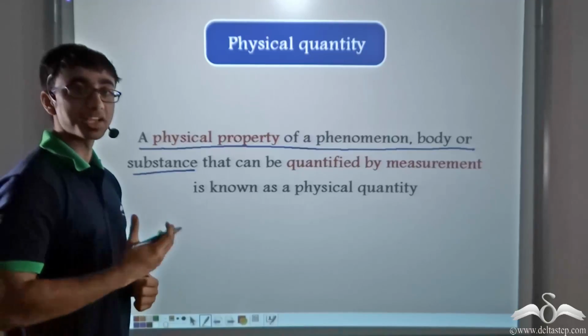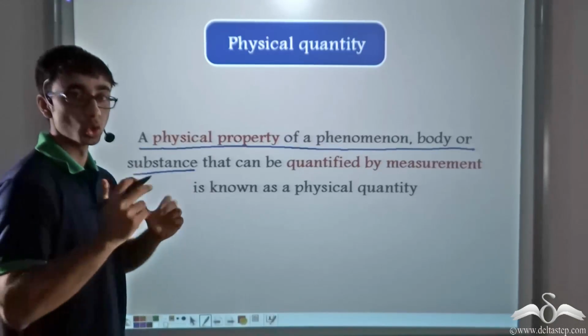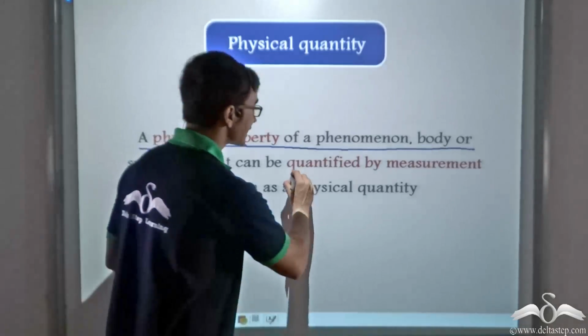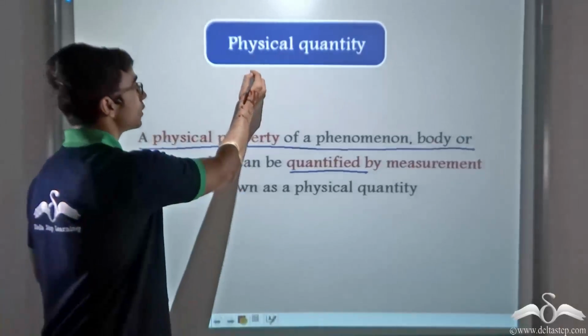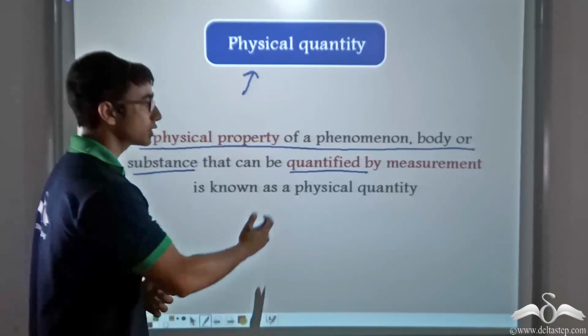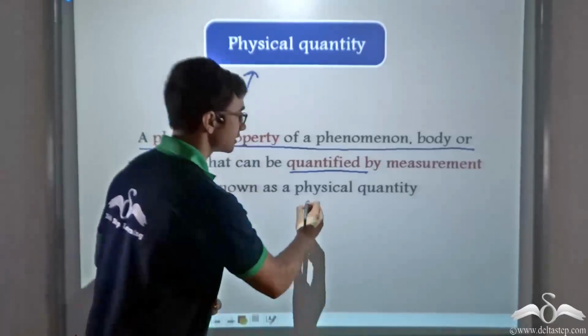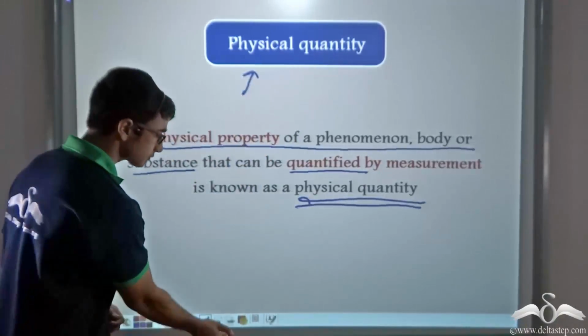Or let's say, can you measure how happy you are when you score very well in a test? No. These quantities cannot be measured because they cannot be quantified. Whereas a physical quantity is a property of a substance that can be quantified by measurement, and only such quantities are known as physical quantities that are measurable.